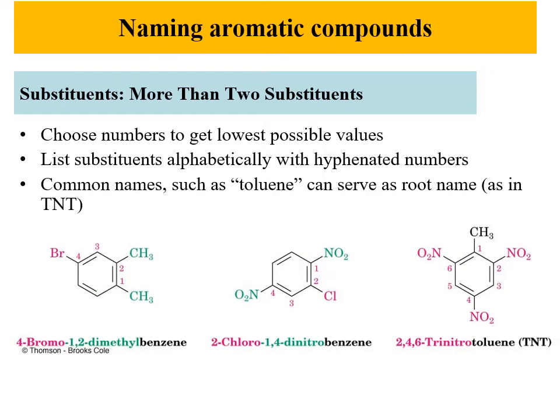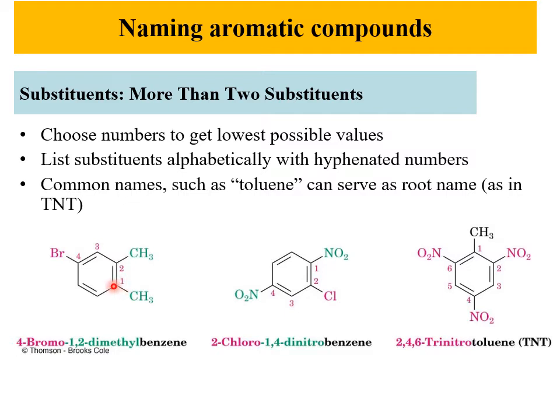For an aromatic compound that has more than two substituents, choose numbers to get the lowest possible values and list substituents alphabetically with hyphenated numbers. For example, structure number 1, the parent now is benzene and it has 3 substituents. To name the structure, we need to start numbering to get the lowest possible value.